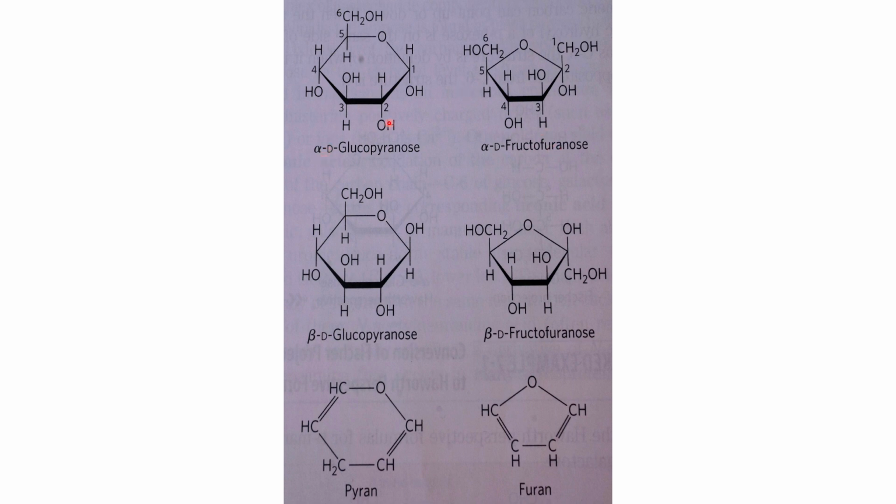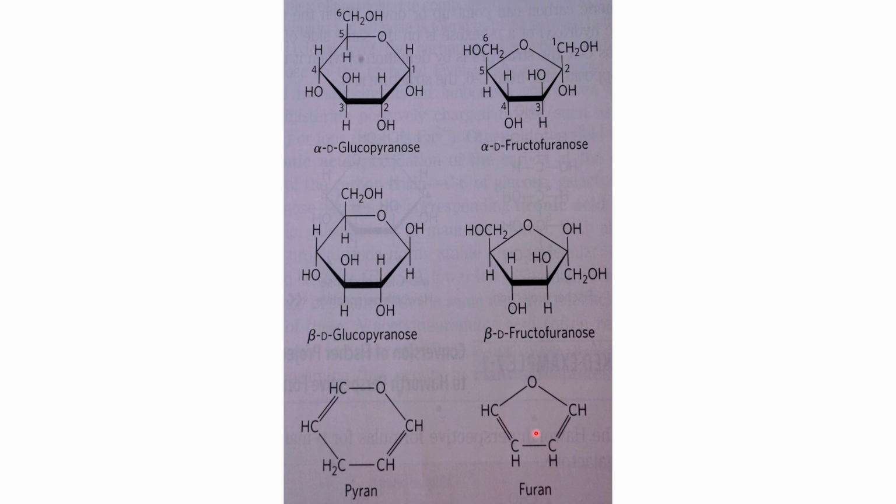So we talk about alpha position, which is the orientation of the hydroxyl group. We can also talk about beta, where the hydroxyl group is above the plane, and the alpha, for example, alpha fructofuranose, where the hydroxyl group is below, and beta, where it's above.